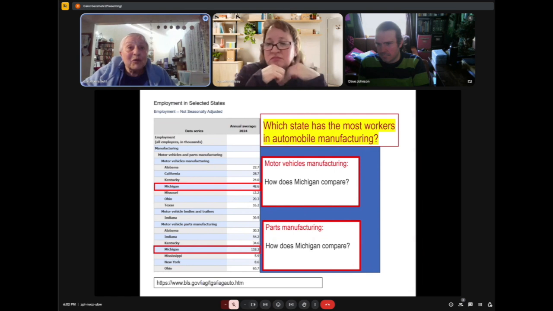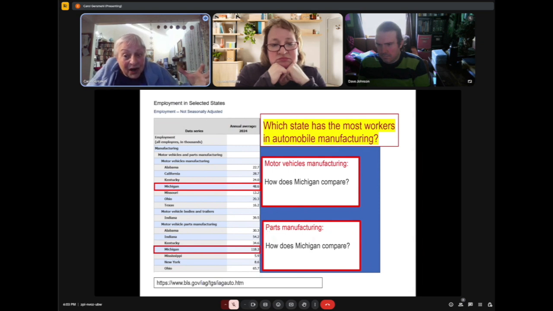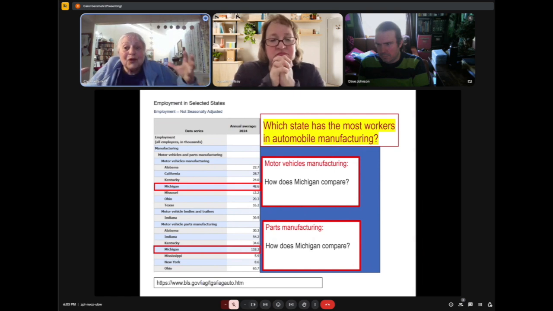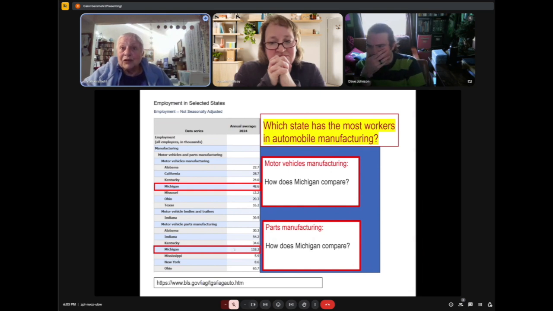Same way, it's even more interesting. Parts. Remember how a modern car has 30,000 parts. Those parts are made in smaller plants in towns, as it so happens, throughout Michigan.